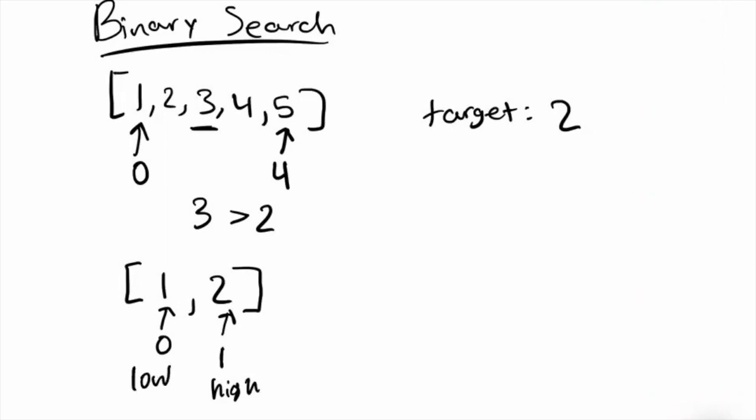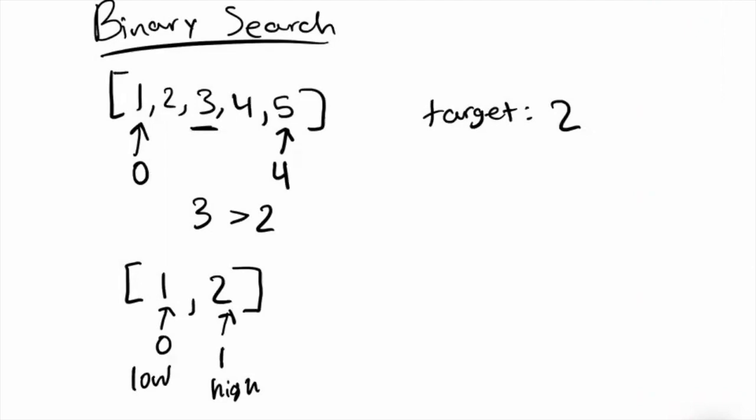And the reason for this is because 3, 4, and 5 are all greater than our target. Any element that is greater than 3 or to the right of 3, because our list is sorted from least to greatest, we don't need to worry about, because our target is lower than all of those numbers.